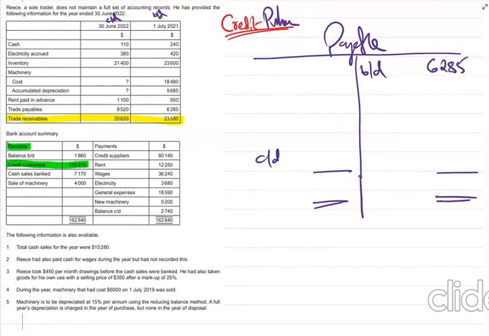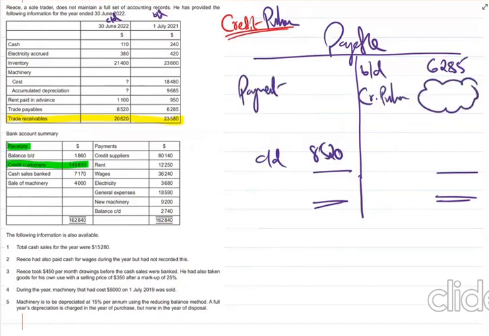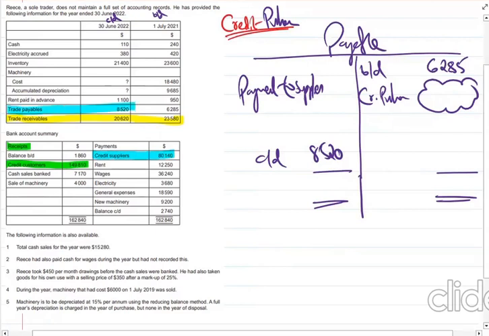CD is 8520. We need credit purchases, which is the balancing figure. We have payments. Payments to supplier, bank credit, payable debit. Where is it? How much? Yeah, 880140. So what is my amount of purchase?